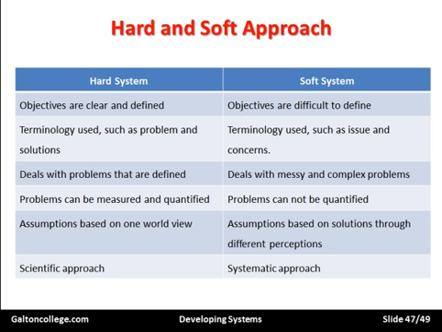The hard system is a scientific approach, whereas the soft system is systematic. It's trying to be systematic. The management talk to each other, they try to make decisions, they try to support each other, they organize meetings and discussions, and they try to collate whatever evidence they've got. They're trying to be systematic.